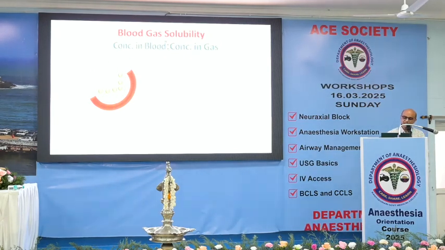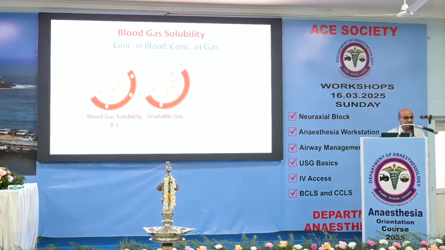This is the concentration of the vapor in the blood versus the concentration in the gas, right? Because we are giving it as a concentration on the vaporizer. So if 50% of it dissolves, that means the blood gas solubility is 0.25. But if the gas is insoluble, it doesn't dissolve much in the blood and it remains in the gaseous form.